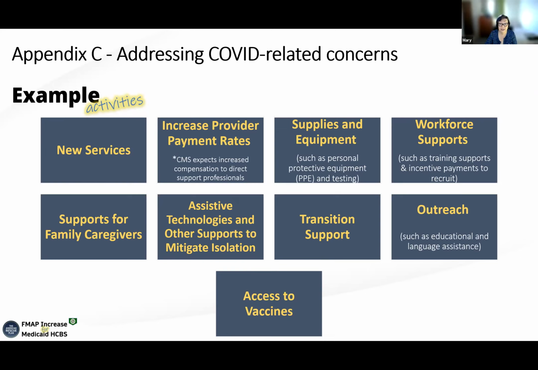So these are examples of types of activities that you could choose addressing COVID-related concerns, or it could be other things. This is really the time in the presentation to start thinking about what Hawaii might do.